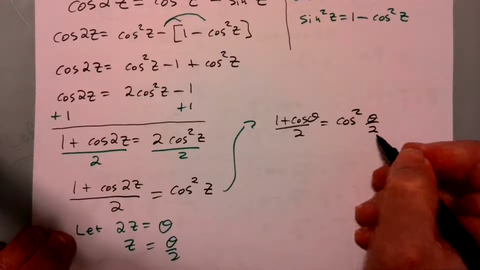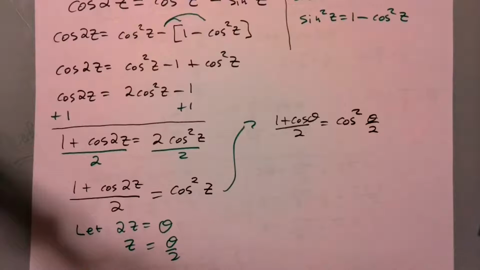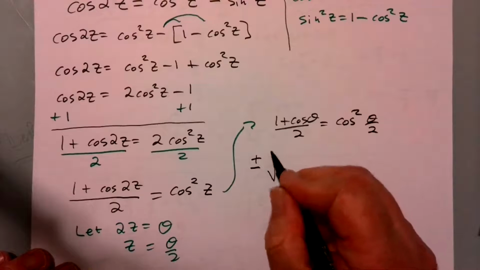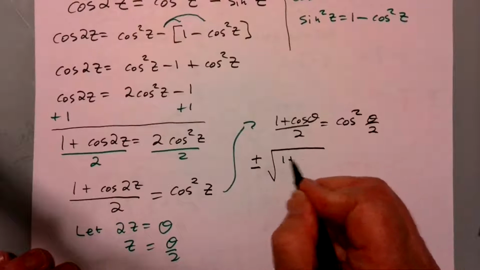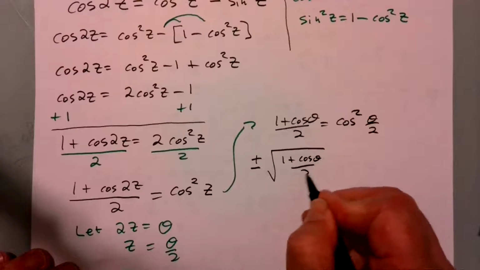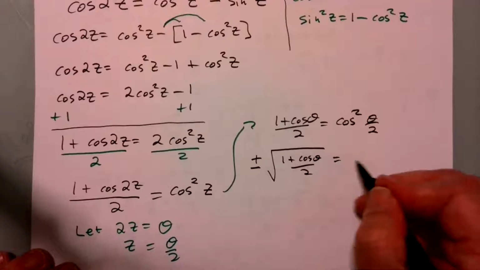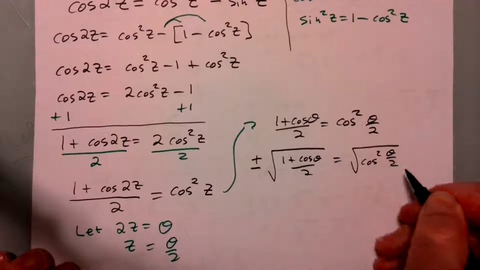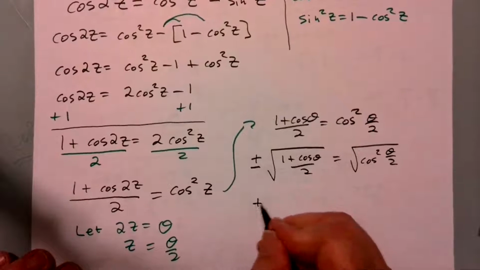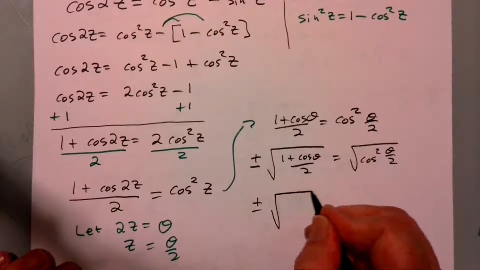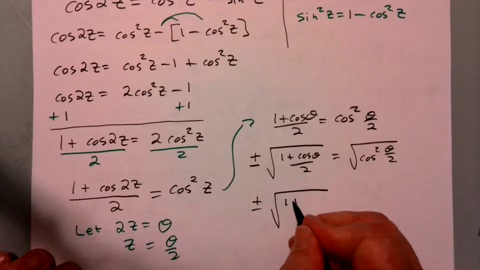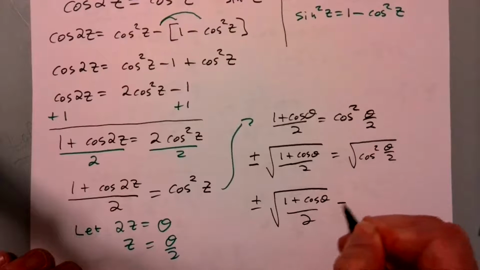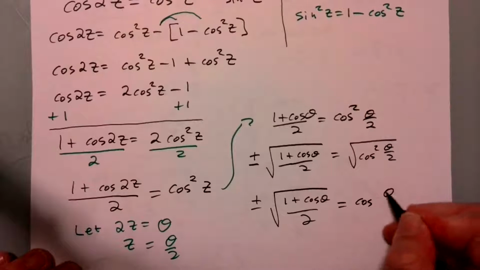That is theta over 2. Take the square root of both sides, but if you do that, you need plus or minus. Don't forget, the square root of this side, 1 plus cos theta over 2, equals the square root of that side, cosine squared theta over 2. So I get plus or minus the square root of 1 plus cos theta over 2 equals the cosine of theta over 2.